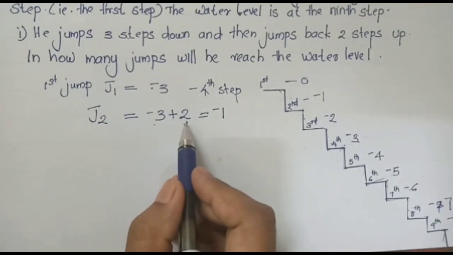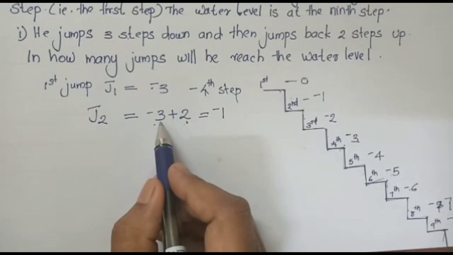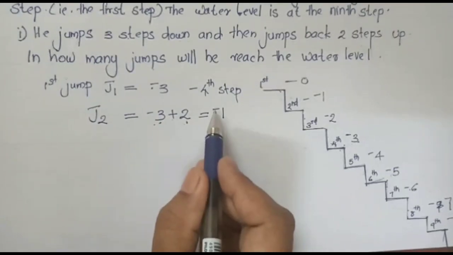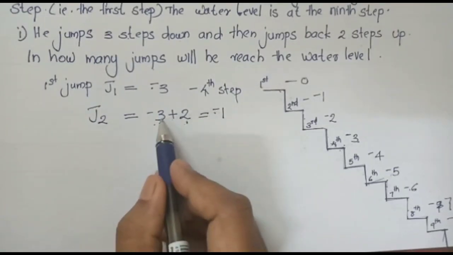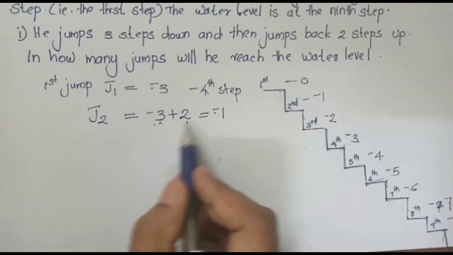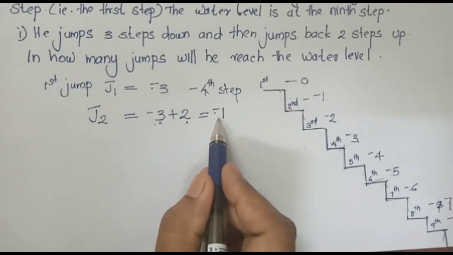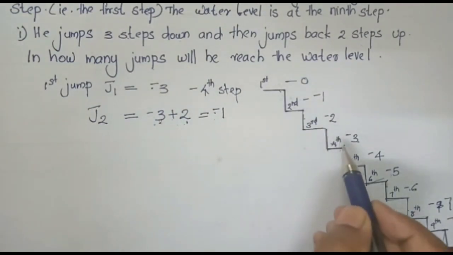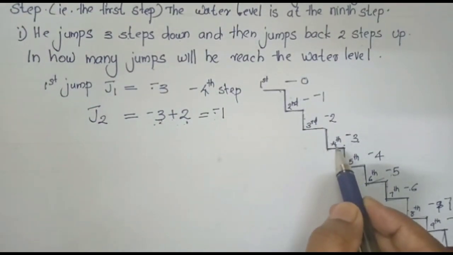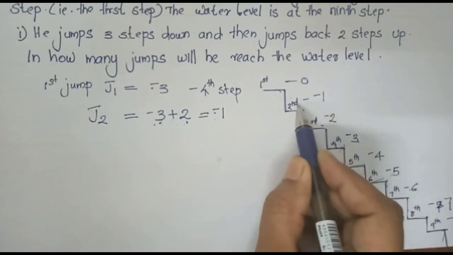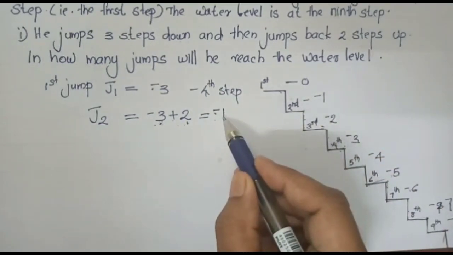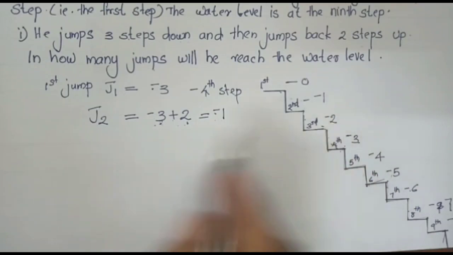So we will put the sign of the larger number, which is 3, so we put the negative sign and we take the difference of 3 and 2, that is 1. So on the second jump he reaches -1. He was here, then he jumps 2 steps up. So he reached -1, that is the second step.